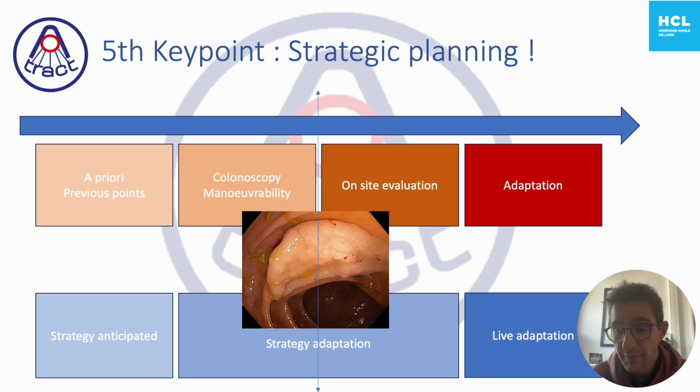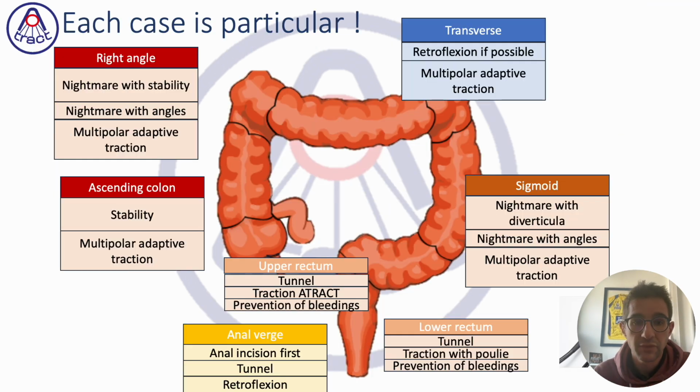And after, most important probably, is adaptation. Because in fact, it will be very difficult to anticipate every part of the procedure. You will have a planning, but every time you will have to adjust your planning to the answer of the tissue, the bleeding, the gravity change during the procedure, to adapt yourself.